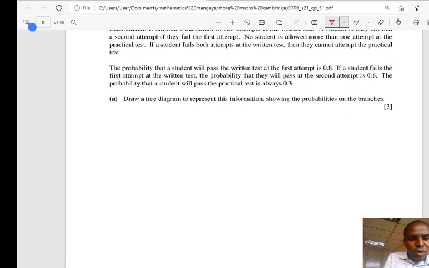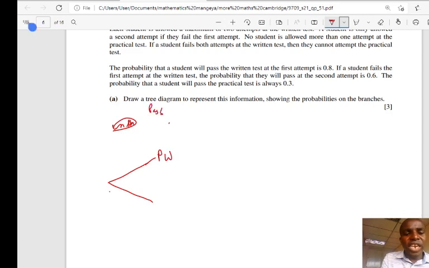let me use this one to represent the written test, or the first part. So you can either pass the written test, let me use PW, so pass written, that's PW, that's my key.